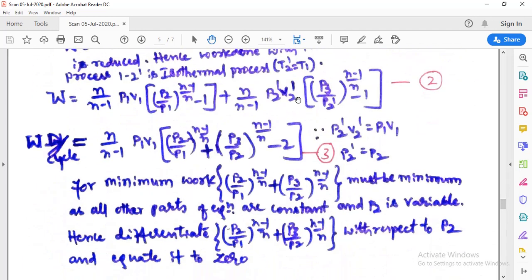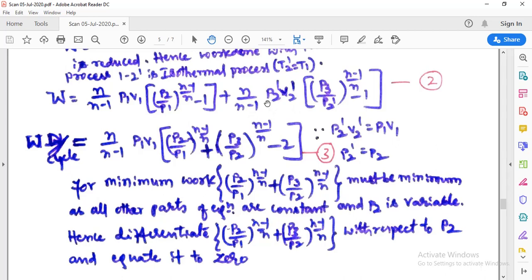Here P2 dash is equal to P2, so we can write P3 by P2. And P2 dash V2 dash is equal to P1 V1, because it is considered an isothermal process, PV is equal to constant. Hence P2 dash V2 dash is equal to P1 V1.